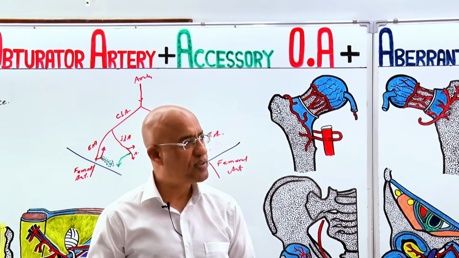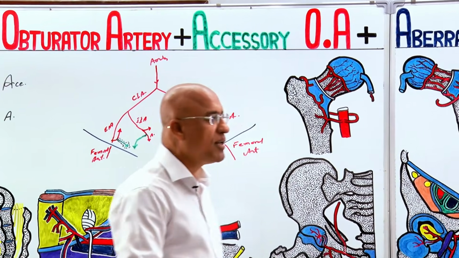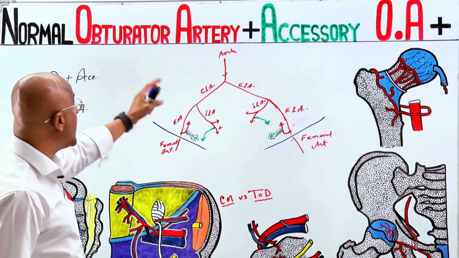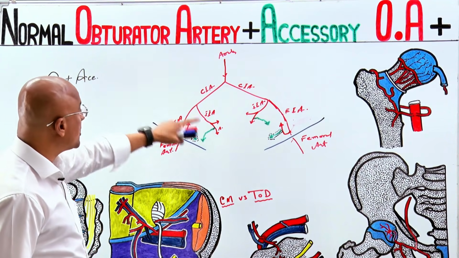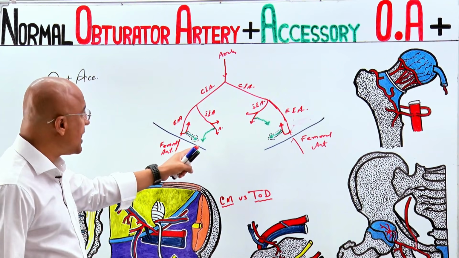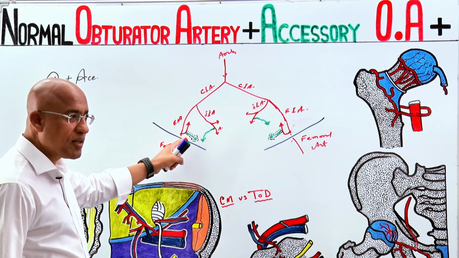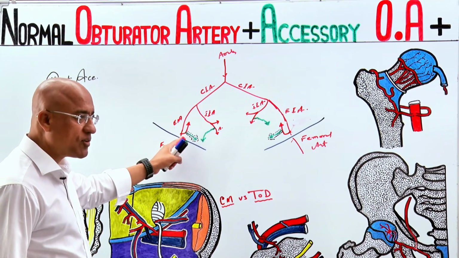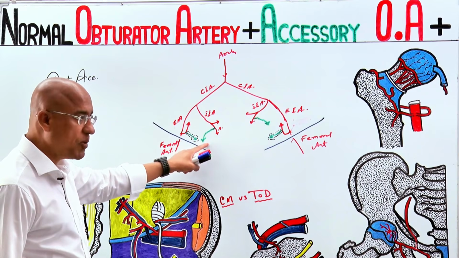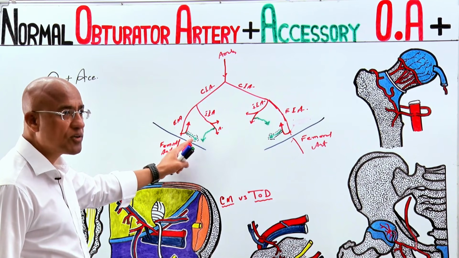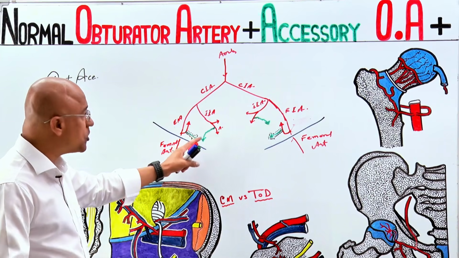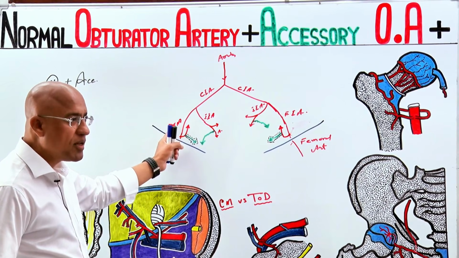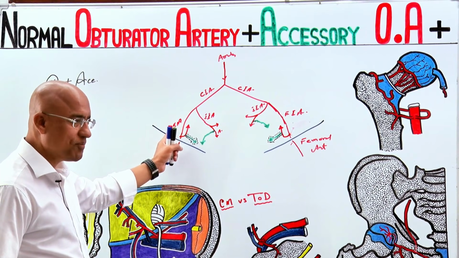So many of us have only the typical obturator artery which we call normal, and many of us have the typical obturator artery plus an extra or supplementary or additional artery in addition to the typical one, that is the accessory artery. But the classical one should come from the internal iliac system and the additional one here is coming from the external iliac system branch.